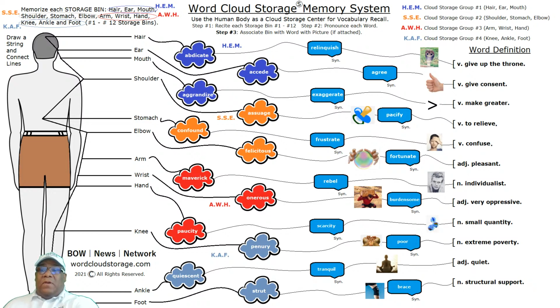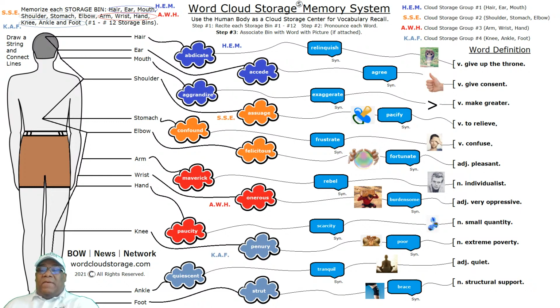So we have the hood, relinquish, abdicate, and then we have accede, which is agree, exaggerate, which is aggrandize, grand, that's one way to remember. Exaggerate, pacify, we just did that. Assuage, frustrate was confound, fortunate. We refreshed that.